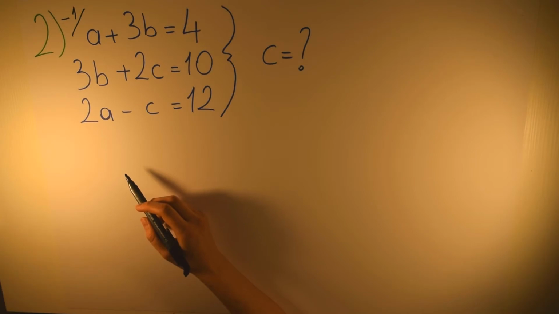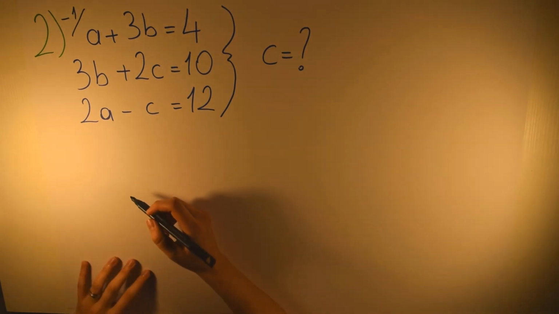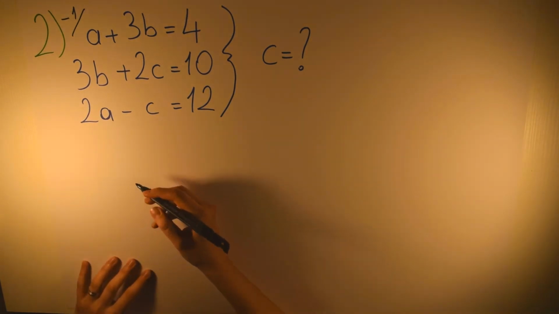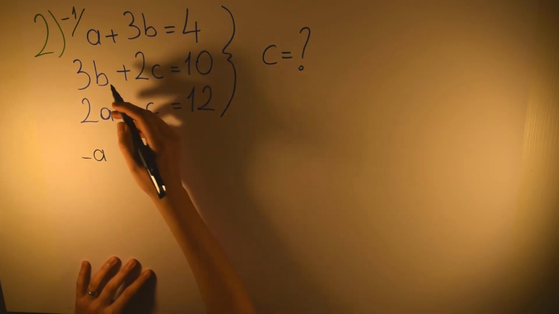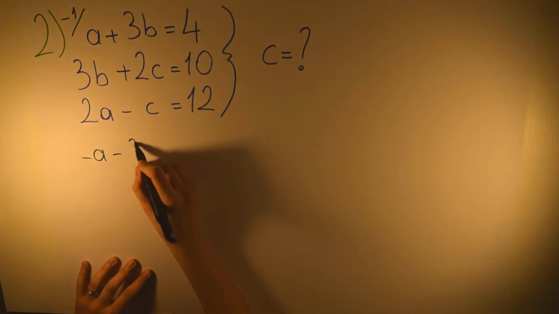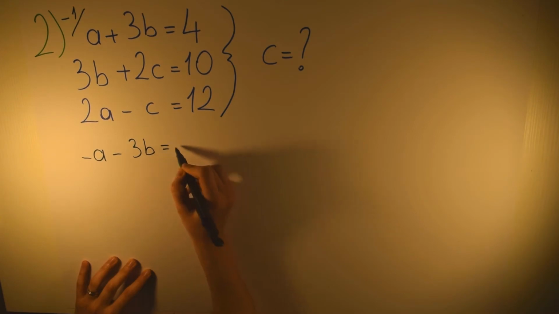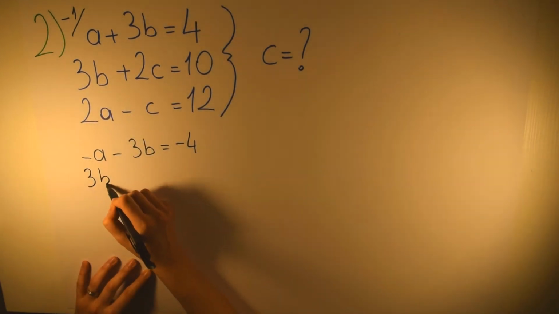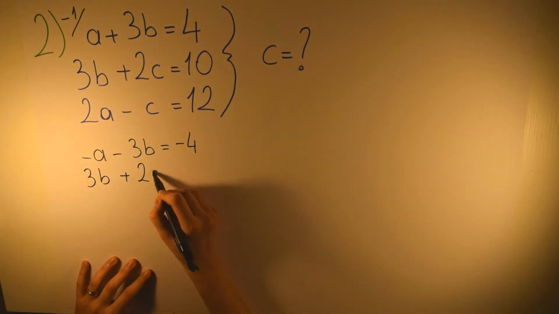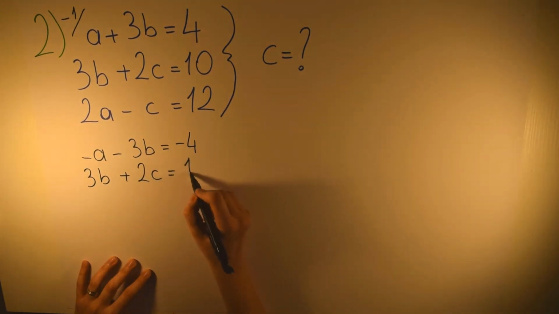And after that, I will try to do the same thing to a, and then at the end of this, I will be able to find the value of c. So let's do that. So here we have minus a, minus 3b is equal to minus 4, and here I have 3b plus 2c is equal to 10.